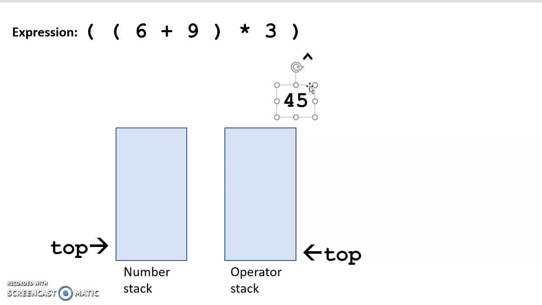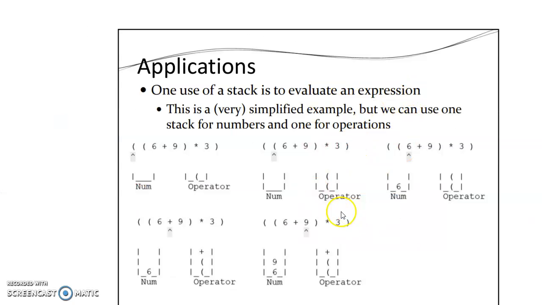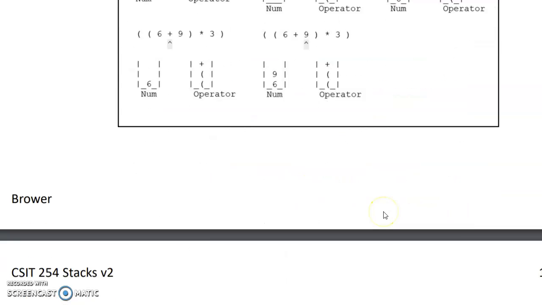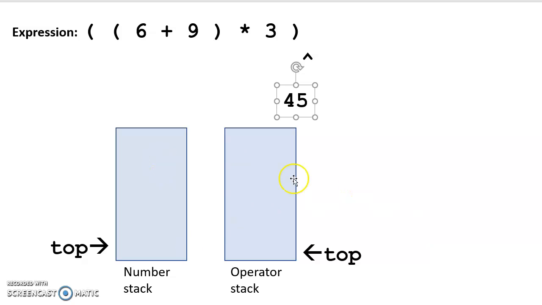So the thing I just stepped through, very painfully, and I do apologize, is in a sense how you would read the slide here, which is showing snapshots in time of how each of these operations is taking place. I stepped through in this video, going left to right and filling the stacks. The slides show the snapshots in time.